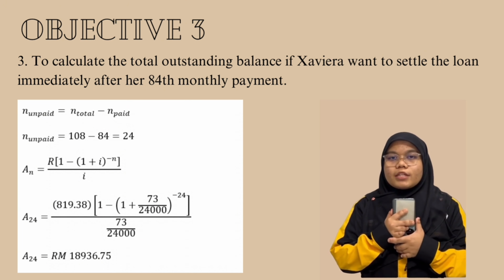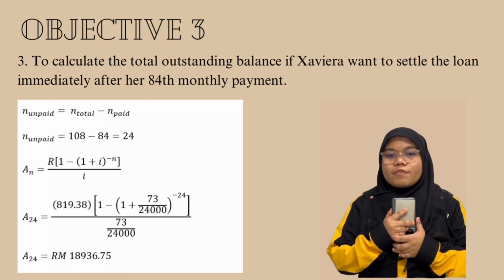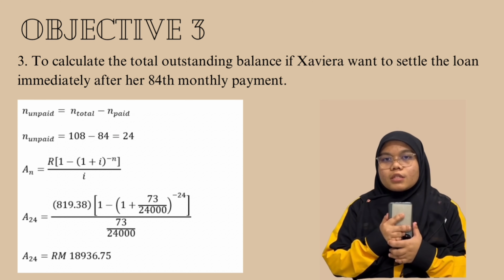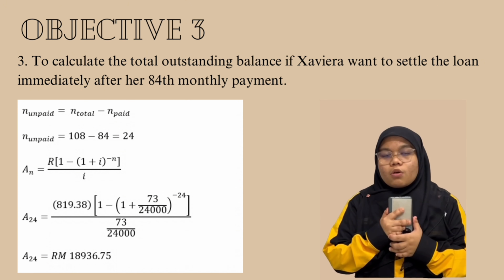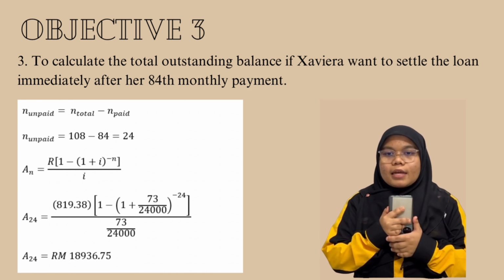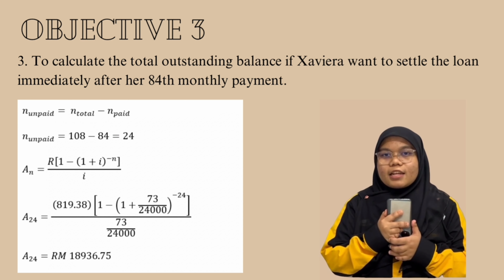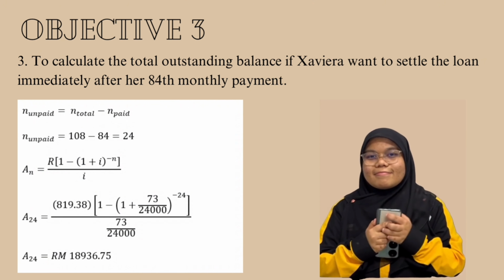A24 equals 890.38 multiplied by [1 minus (1 plus 73 over 24,000) to the power of negative 24], divided by 73 over 24,000. The final answer is A24 equals RM 20,936.75.